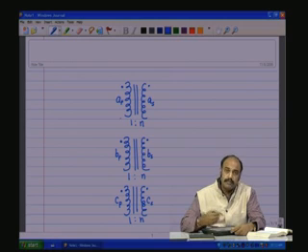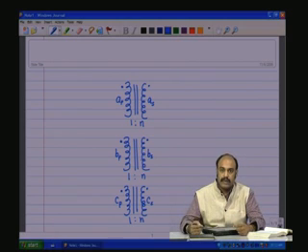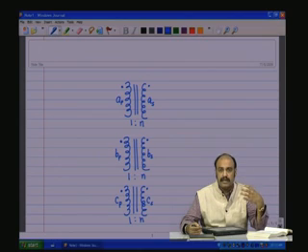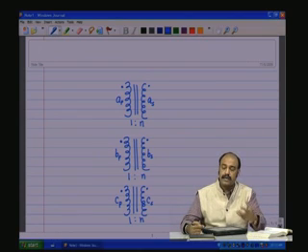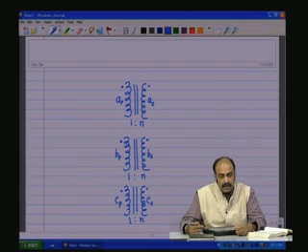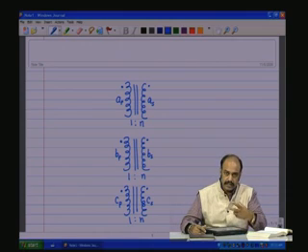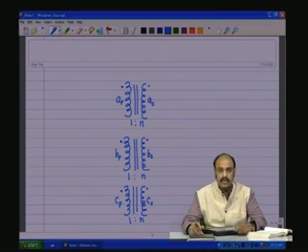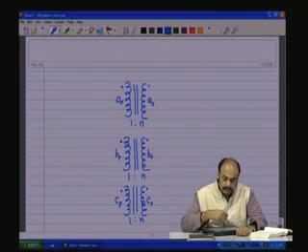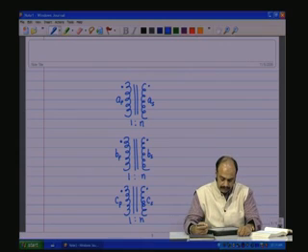So, we have three primary windings and three secondary windings. Now, the three primary windings can be connected in one of the topologies star or delta, and the three secondary windings can also be connected in one of the topologies, star and delta, which will result in four topologies for the entire transformer.